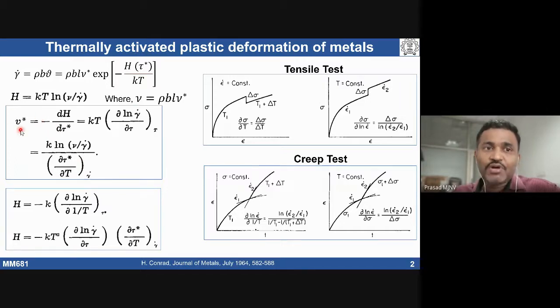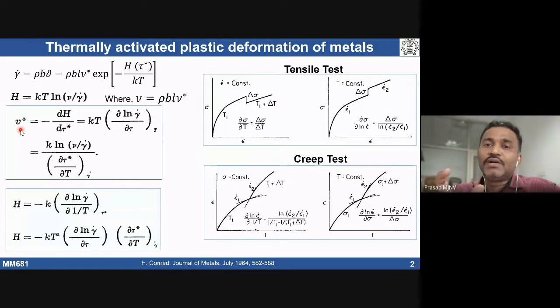So activation volume indicates the volume of dislocation that is being controlled by the thermal barrier. The barrier has a particular size d star, and the dislocation has a length l star that is being controlled by the d star, the size of the barrier.